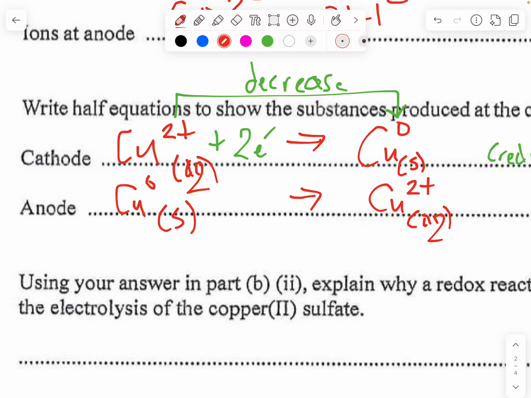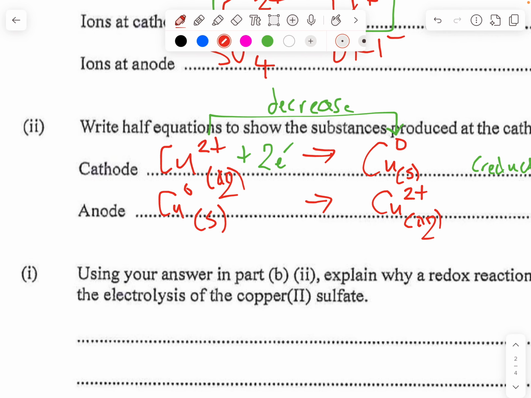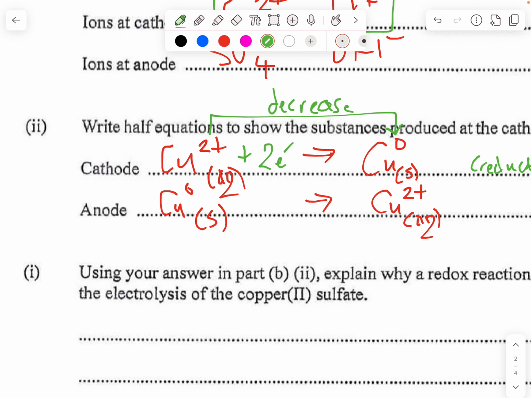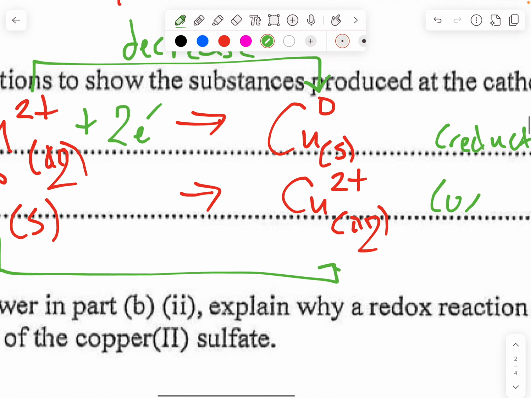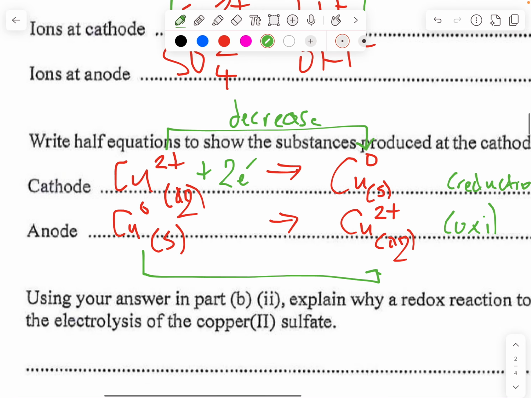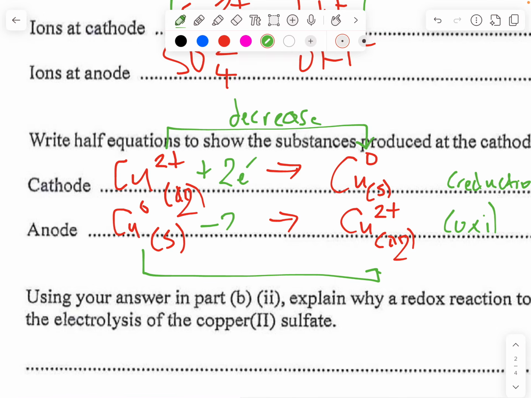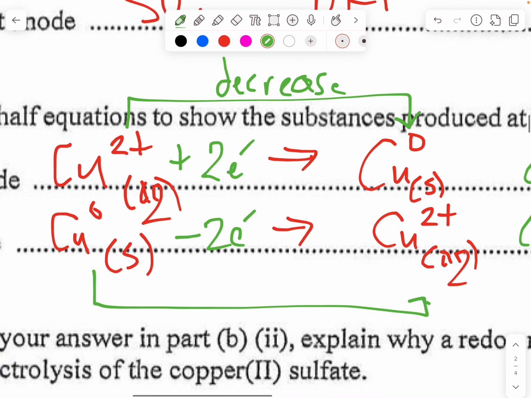Now we need to fill in our electrons. Since here it goes from a charge of 0 to 2 plus, that's 2 electrons involved, right? And since at the anode we have oxidation occurring, oxidation is a loss of electrons. It would have been a minus 2e here, but we cannot have a negative symbol in any chemical equation, so it's going to be plus 2e.